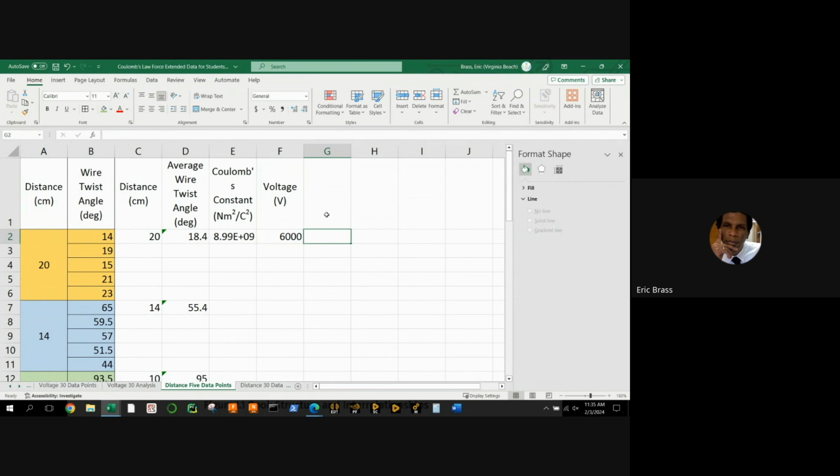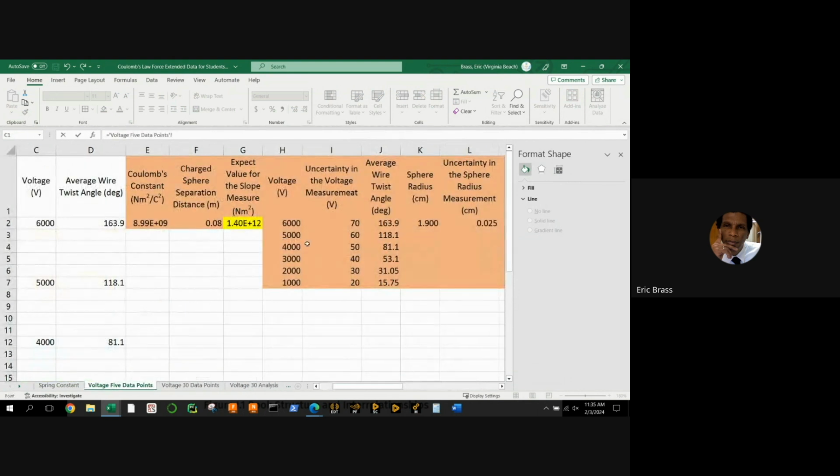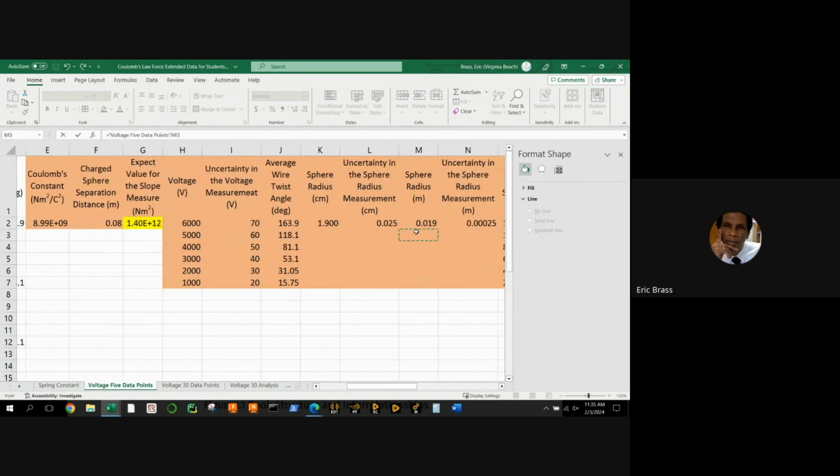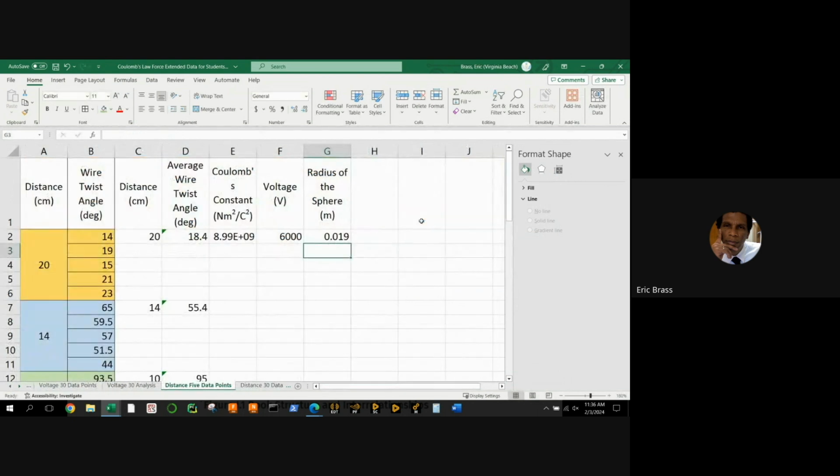And so our prediction, we need our charge. Quite literally. We need our charge. So we are going to need the radius of the sphere. And that's going to be in meters. So I'll just go ahead and acquire that information. And that is over here, radius of the sphere.